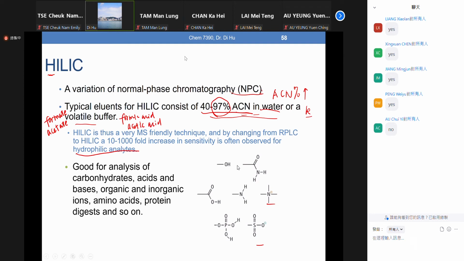You can answer that in the chat box. Increase or decrease the retention factor of the polar compound in HILIC, if we increase ACN from 40% to 90%? Does that increase the K value or decrease the K value of polar compound?